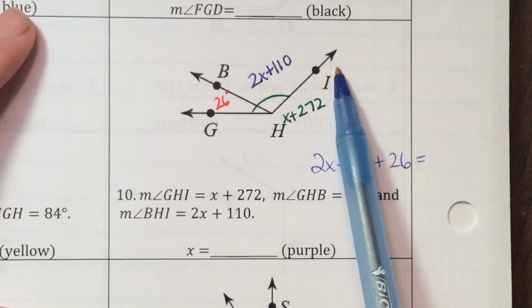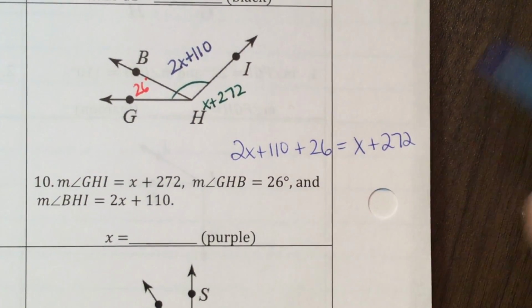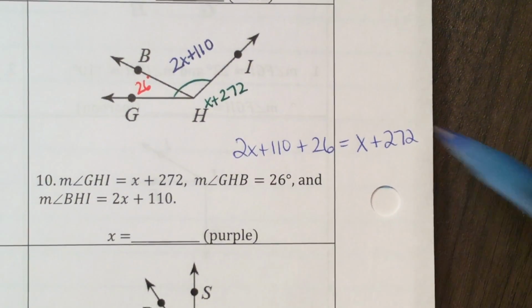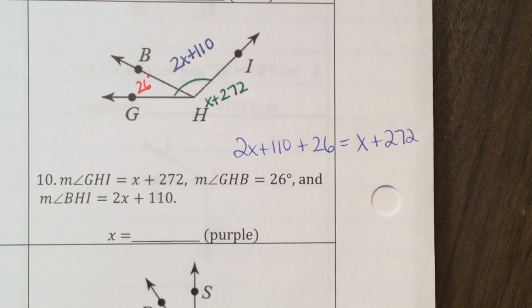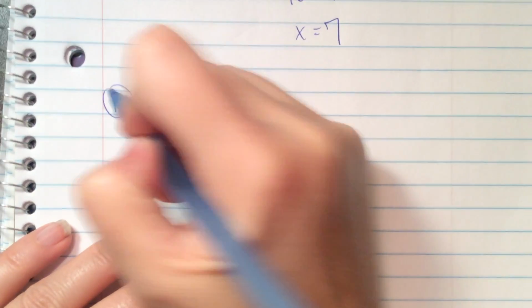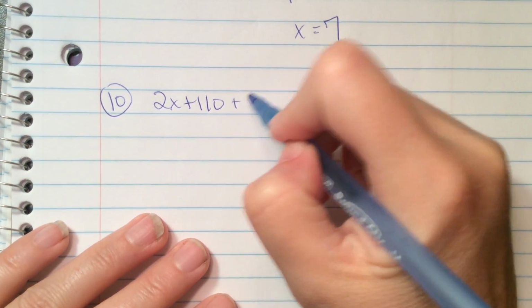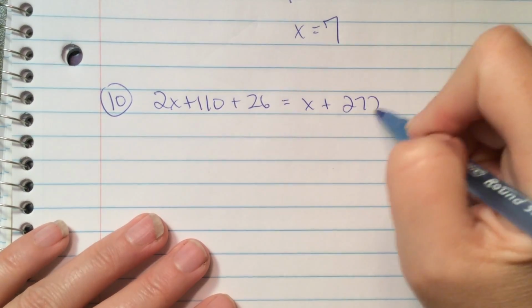So that has to equal the whole thing. Equals x plus 272. Now this is our equation, and this is what we're going to solve. So I'm going to copy this down on my paper. Number 10. I have 2x plus 110 plus 26 equals x plus 272.